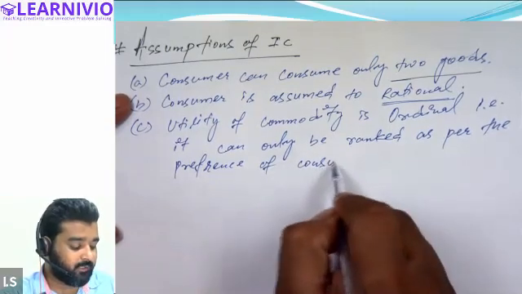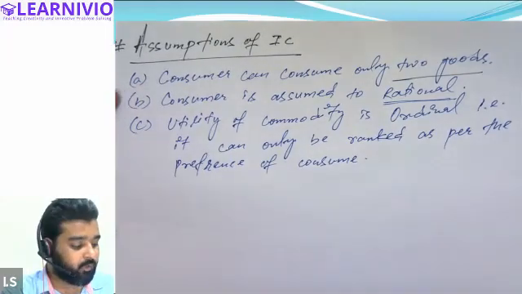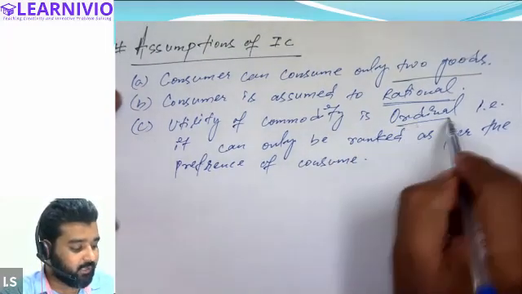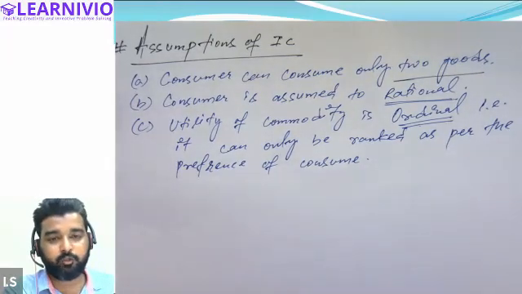We assume that the amount of satisfaction which a customer derives from the commodity is ordinal and not cardinal, just like we have assumed in the utility approach.